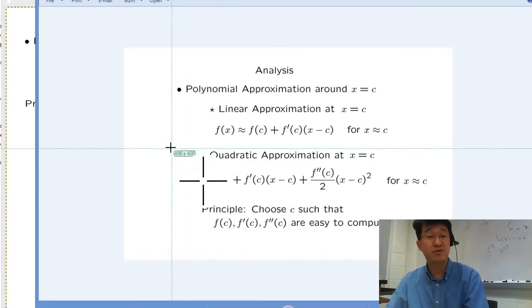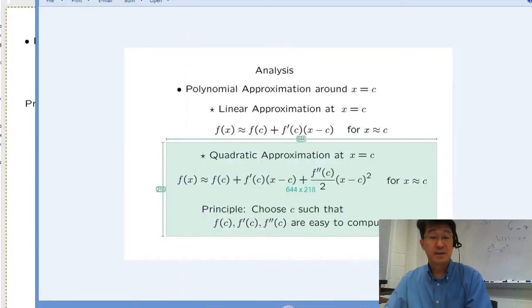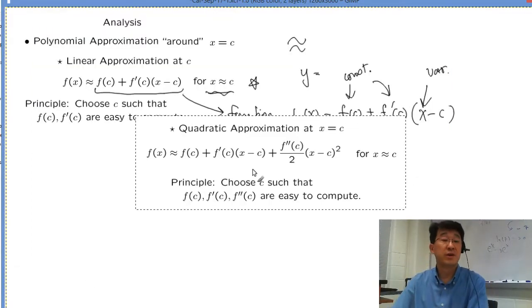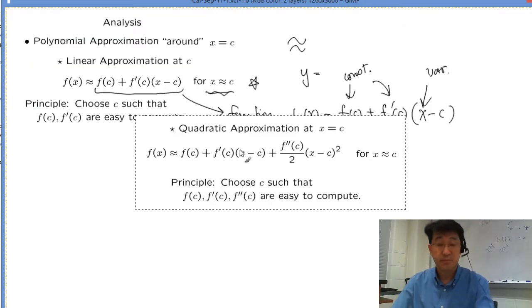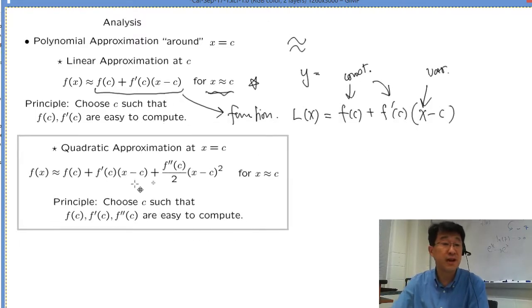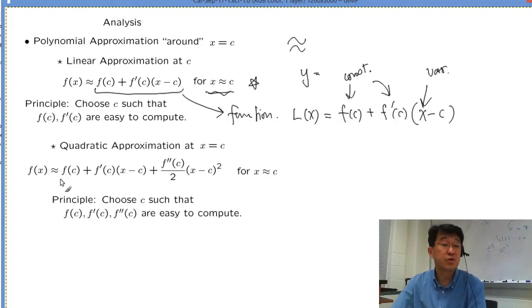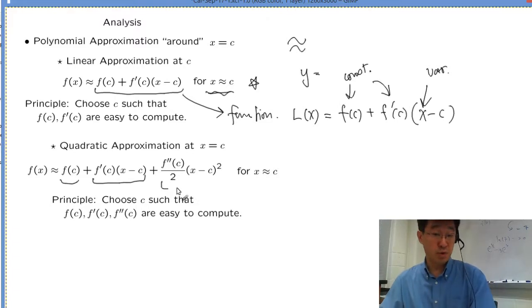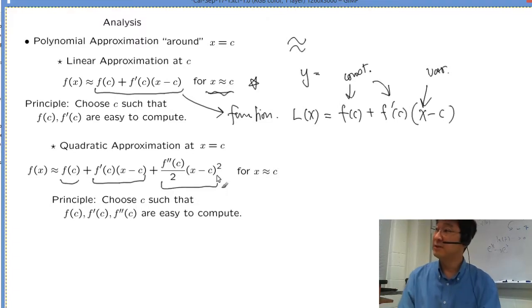So I want you to add to your notes this new formula. I want you to compare that with a linear approximation. Notice that the first two terms, this and that, are exactly the same as the linear approximation. So all you have to memorize is just one more term added on there.